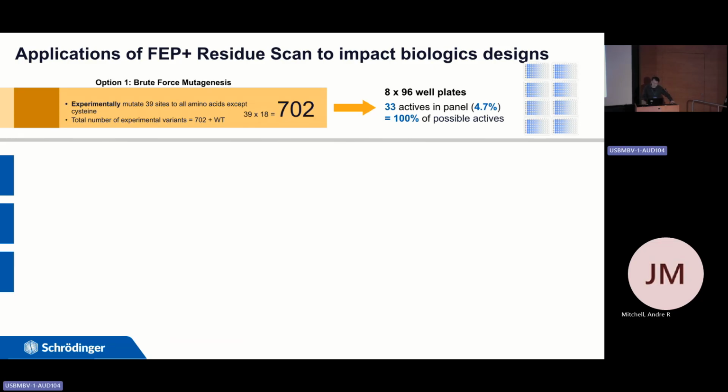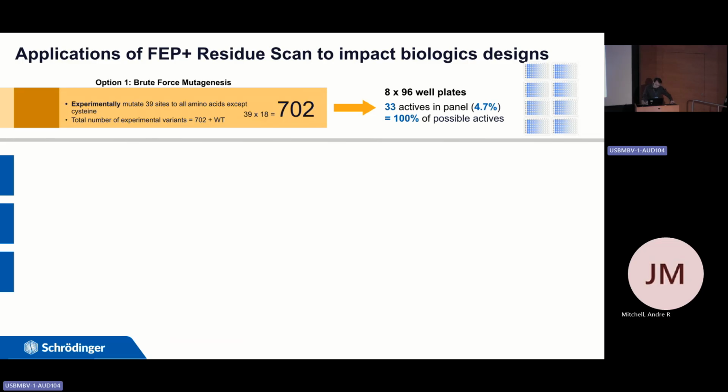So they explored a large number of mutations, including all the 39 residues in the binding interface. Each one of them was mutated to all the other 18 residues, except for cysteine to avoid reactivity. And the whole exercise only identified 33 mutants with improved binding. But the whole process took a very, very long time, longer than half a year, and was very, very costly.